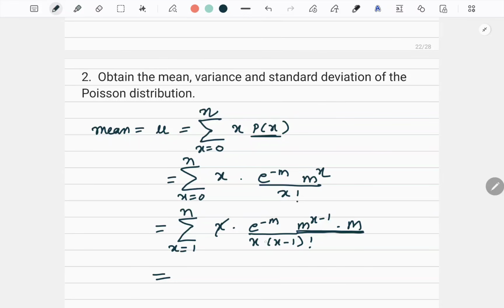Now, this x and this x are gone. So what is a term without x, because this summation is for x? So m is independent of it. So e to the power minus m I can take out, m I can take out. So in the summation I am left with, for x equal to 1 to n, m to the power (x minus 1) upon (x minus 1) factorial.